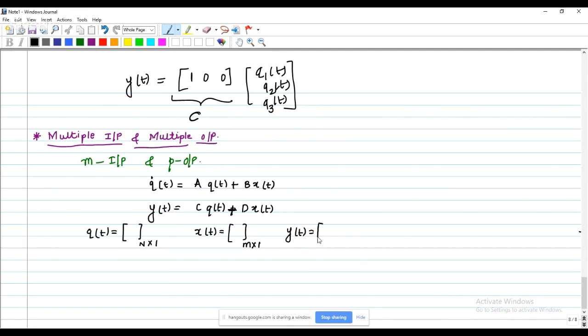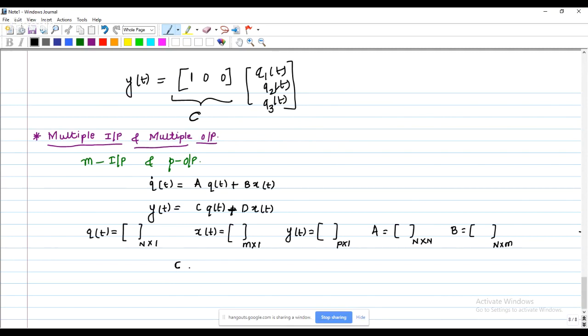Y of t is an output matrix, so we have p cross 1 matrix. And then A is a state matrix, so it will have a total of n cross n elements. B is a matrix which depends on input. That's why it will have n states and m columns, so it will be n cross m.